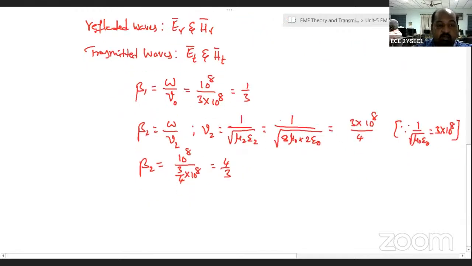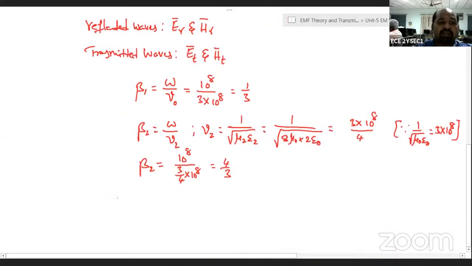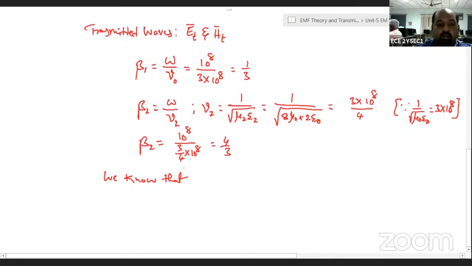And now from equation 1, if we know H_i, we can determine E_i. How do we know that? We know that E by H is equal to eta.